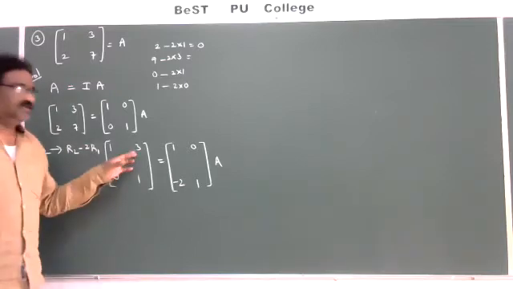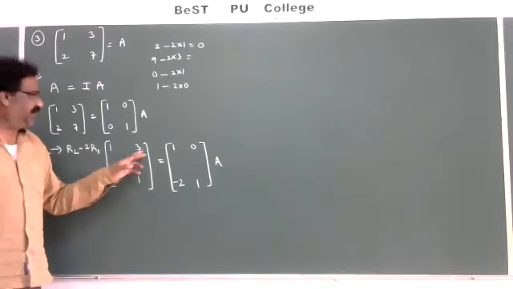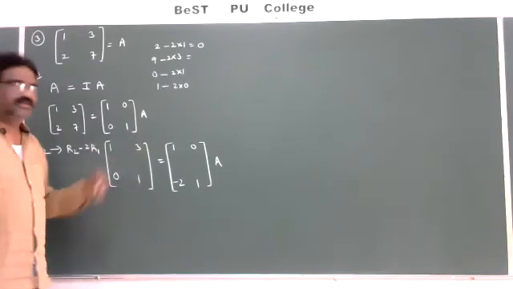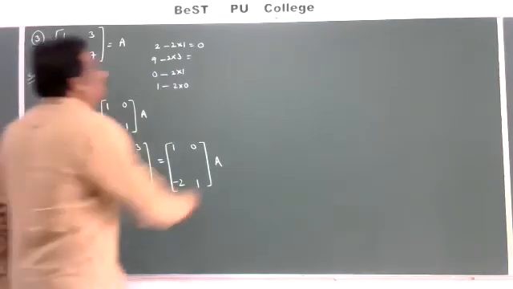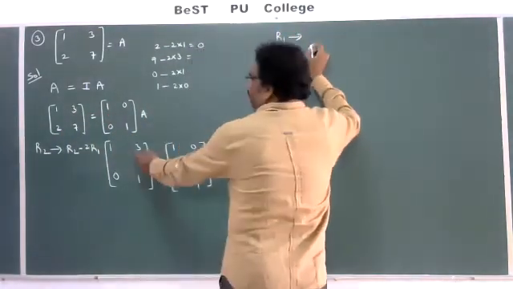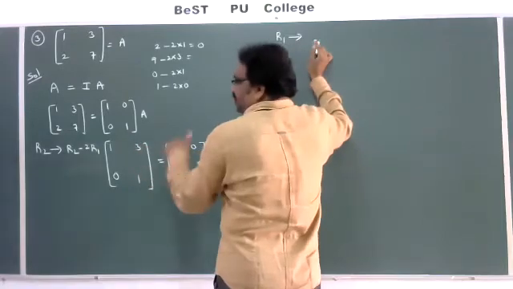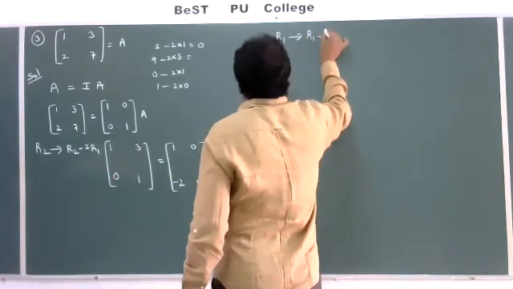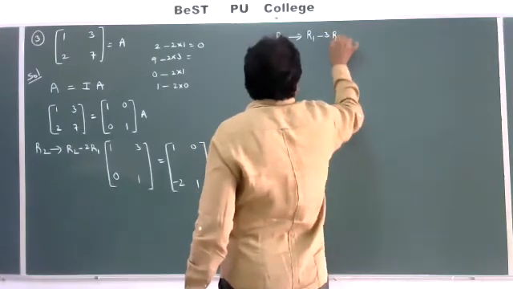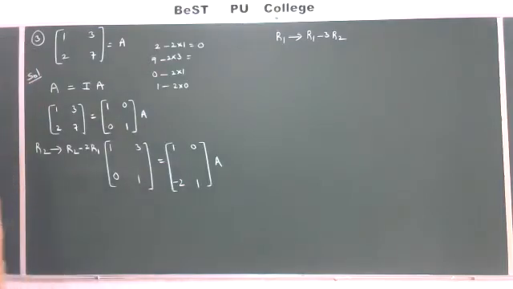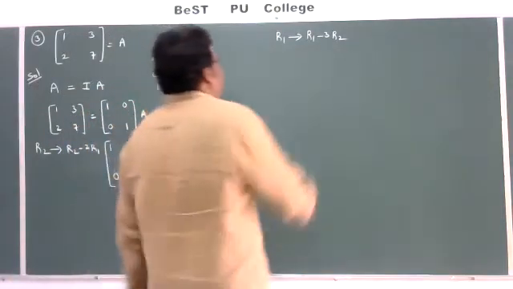Then the next point: you make this element 0. Here in R1, 3 is there. 3 minus 3 you get 0. That's why R1 goes to R1 minus 3R2. Yes, the change is in R1.